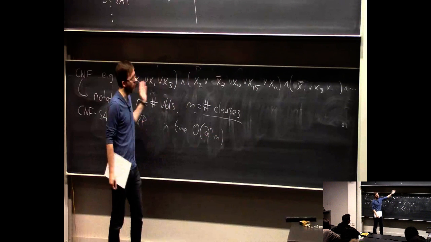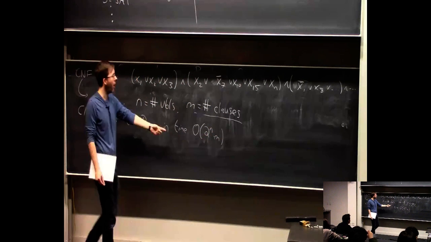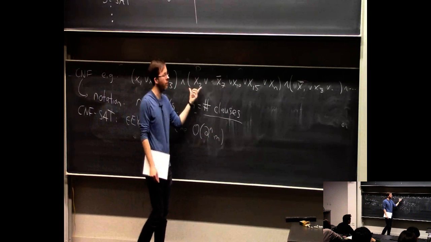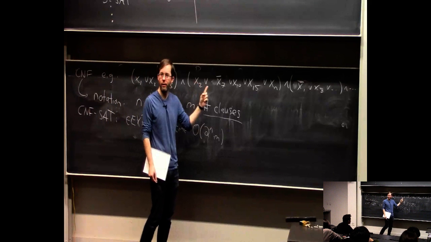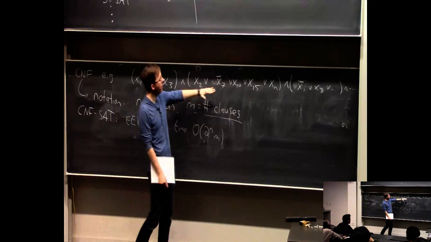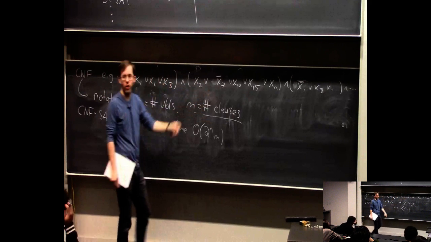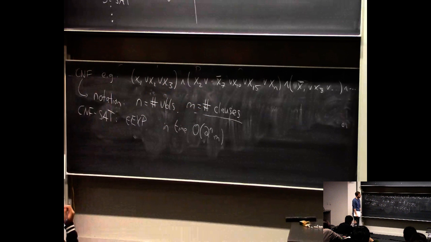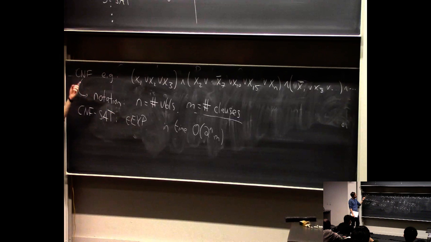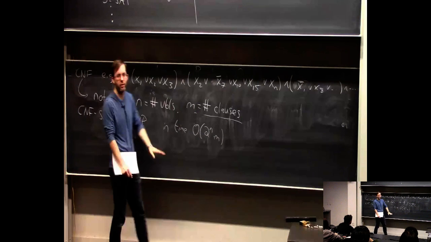Basically, you cycle through all 2 to the n assignments to x, and for each one, you check each clause to see if there's at least one true literal in it. That's what you're trying to do: for each clause, hopefully there's at least one true literal. It's not quite the fastest algorithm we know, but we don't really know one that's essentially faster than that.